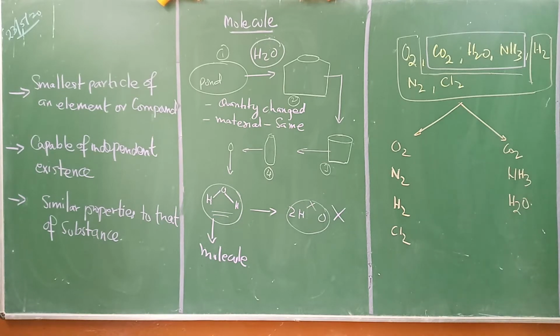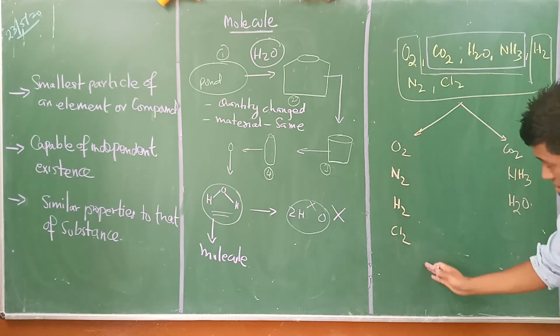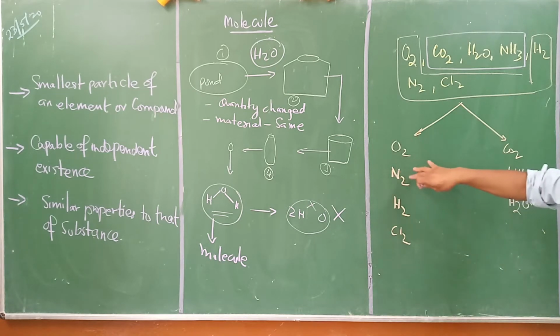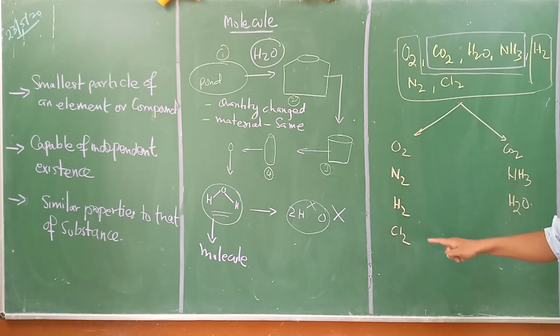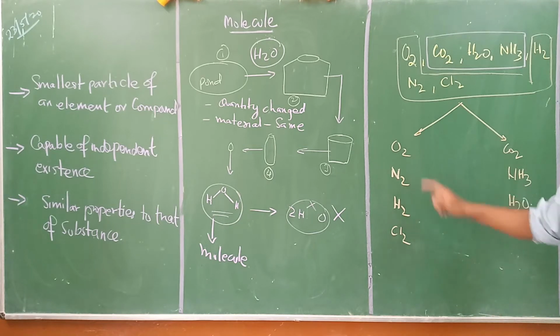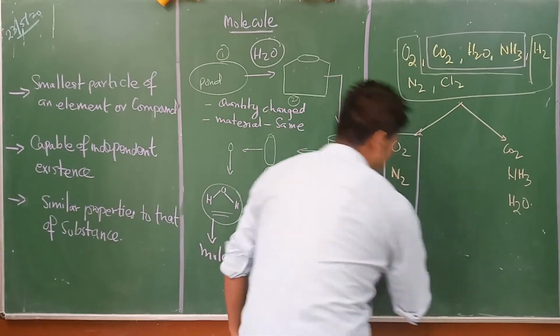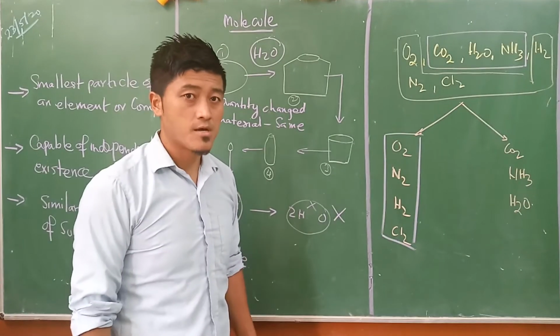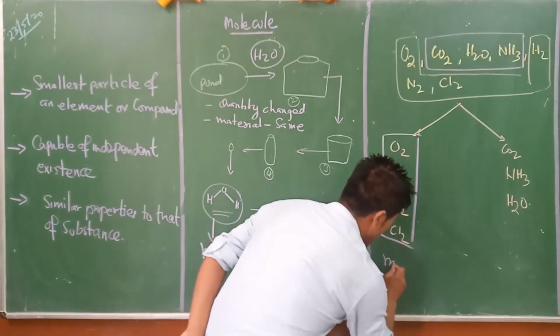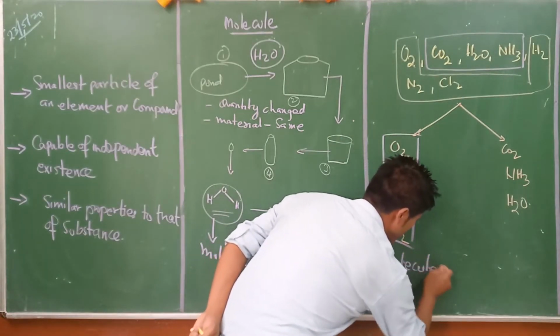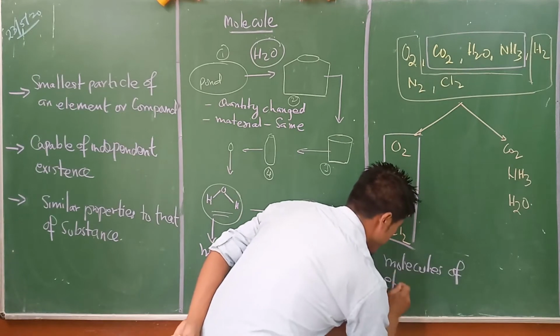Now, when we classify this into two different parts, what we came to know is that on this side, the atoms are from the same kind of elements, because there are two oxygen from the same element of oxygen, nitrogen of the same element, hydrogen of the same element, and chlorine of the same element. These kinds of molecules are referred to as molecules of elements.